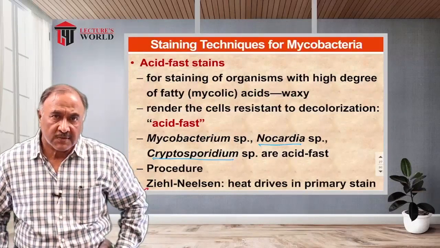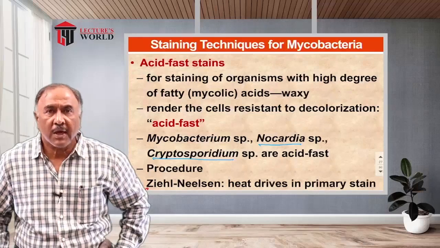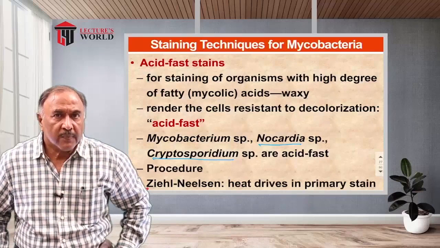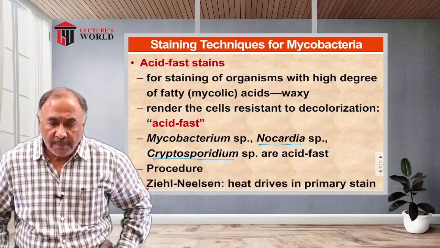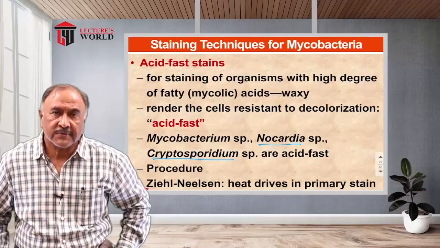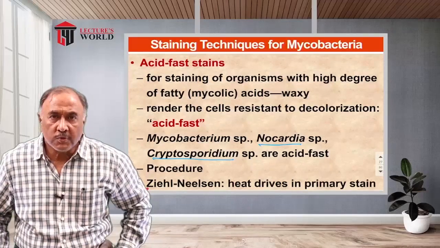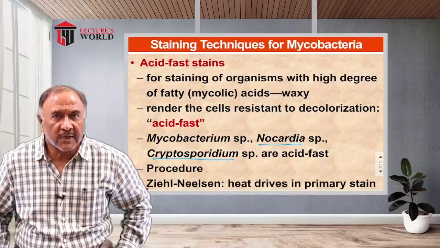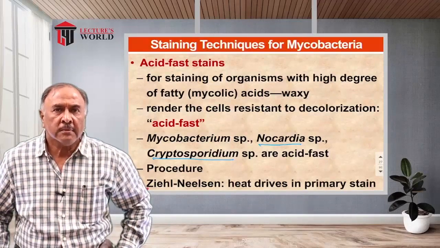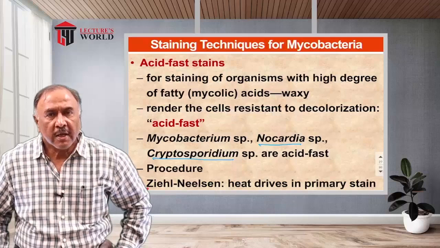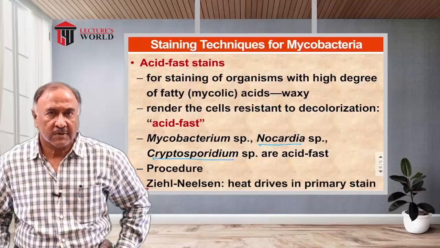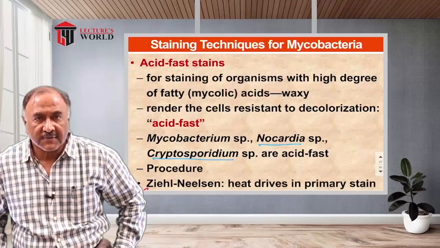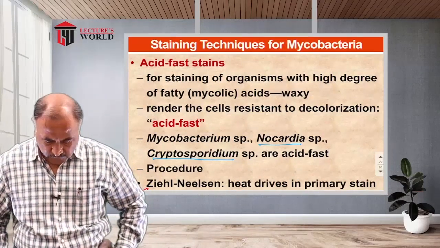Once the organisms are stained, because their cell wall contains lipids, that is mycolic acids, they would not lose the primary stain, that is ZnCF, even when harshly decolorized by acid or alcohols. And that is why the name is acid-fast procedures.